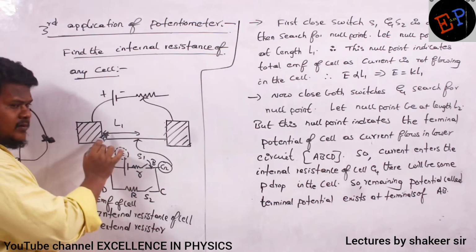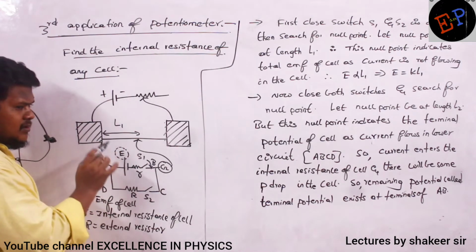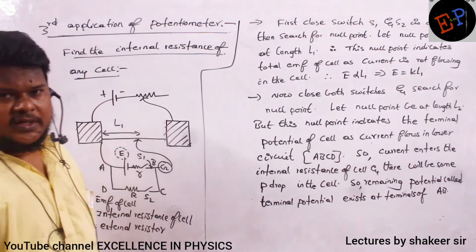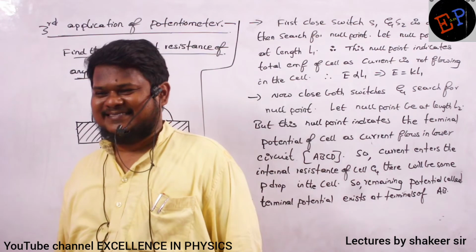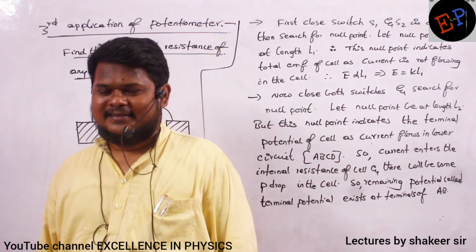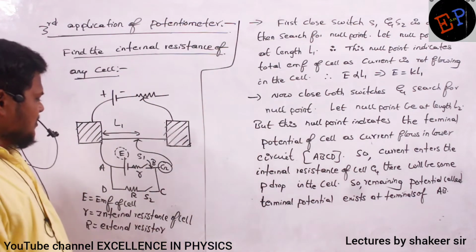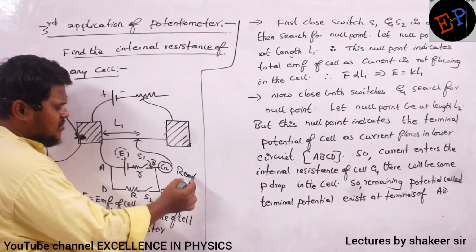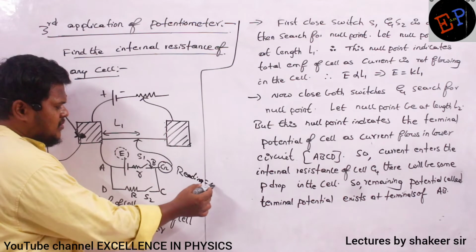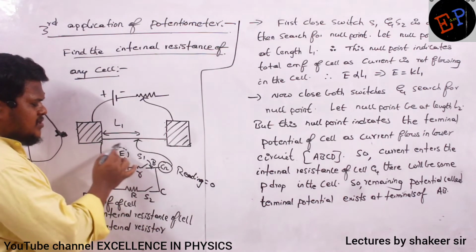Will L1 represent EMF or terminal potential? EMF. How can you say? Current is 0, so the galvanometer reading will be 0. So this length L1 represents the EMF of the cell.